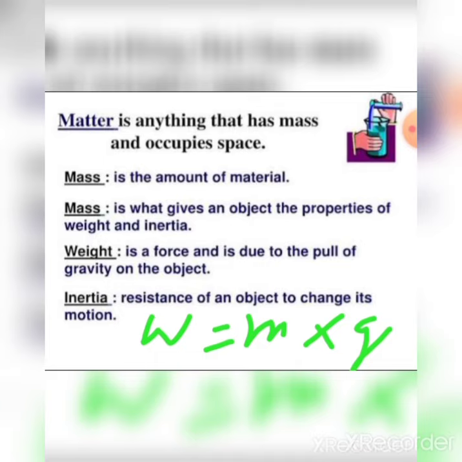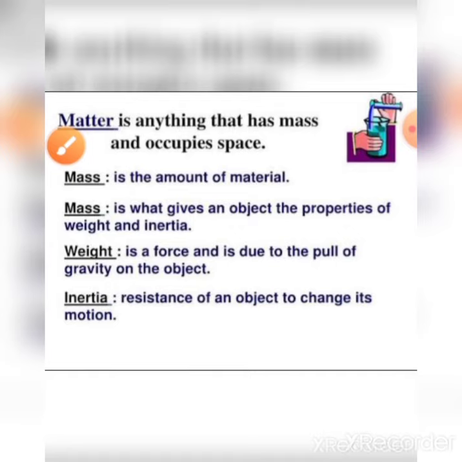W is weight, m is mass, and g is gravity. Okay, that's clear. If g changes, then W changes, but m remains constant. Weight is a force and is due to the pull of gravity on the object.